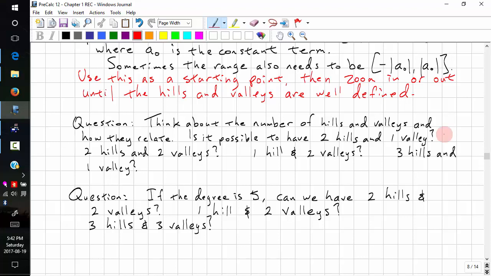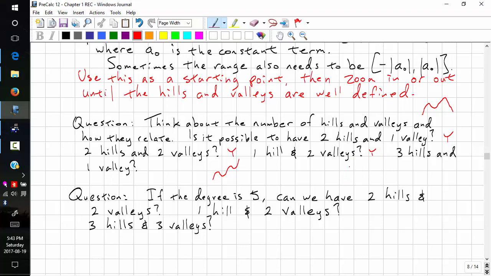Okay, yes, it is possible to have 2 hills and 1 valley, so you just draw these things. So hill, valley, hill. 2 hills and 2 valleys. Yes, again, you can just draw hill, valley, hill, valley. 1 hill and 2 valleys. Yes.